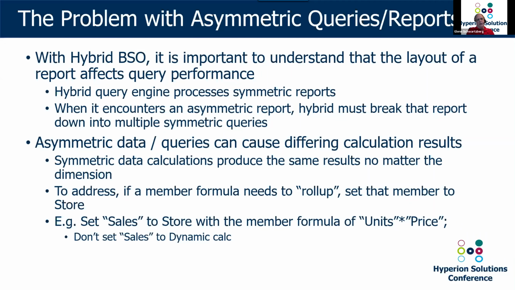So for example, if I had a member called sales that was units times price, I don't want to set that to be dynamic calc. What I want to do is calculate it at level 0, because that's going to be really fast, and then let the aggregation engine roll it up to the different members in the different dimensions. So that's just another way of doing it.